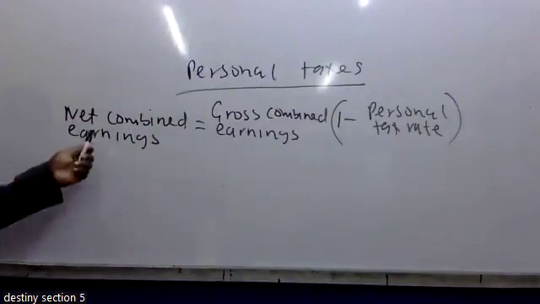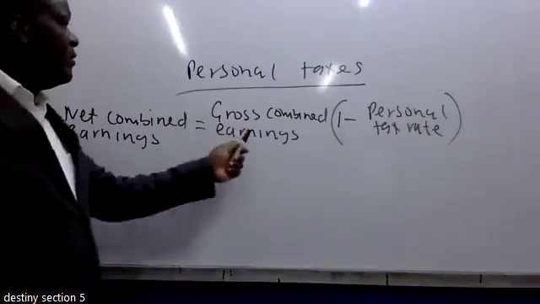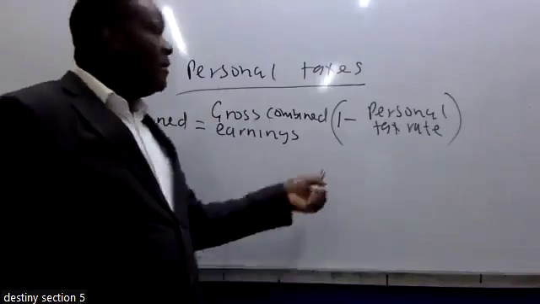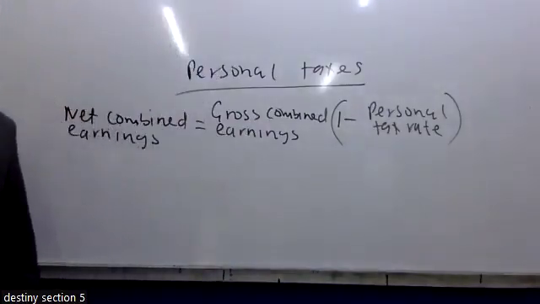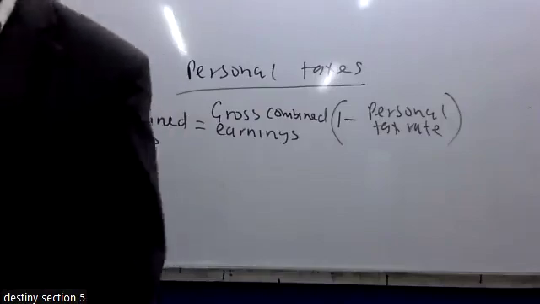So to get the net combined earnings, it is given by the gross combined earnings times (1 minus the personal tax rate).